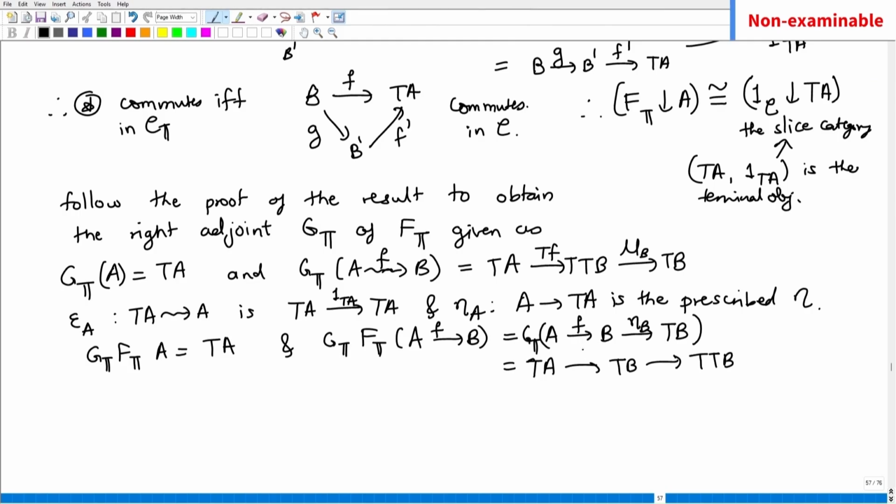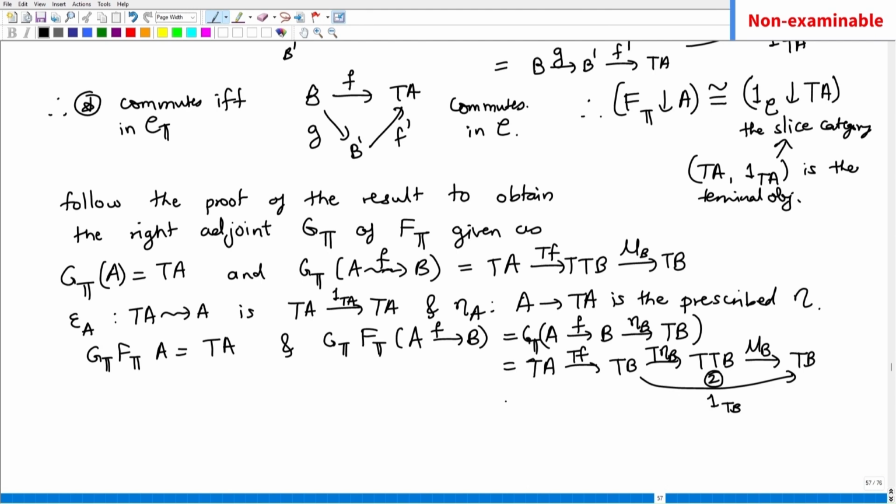I just applied T on it. So this is TF, then T eta B, and then followed by mu B. But you already know this diagram is just going to be 1 sub TB thanks to diagram 2.